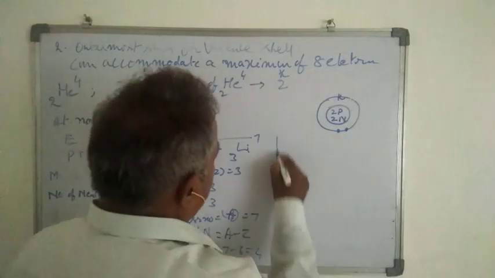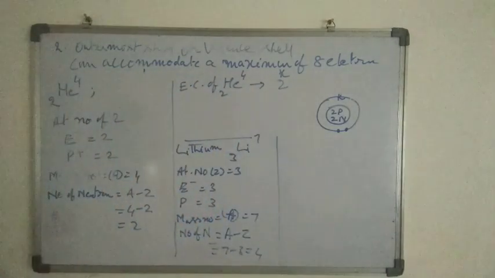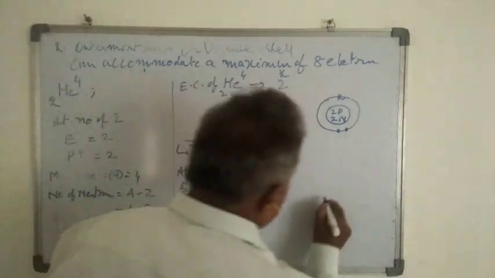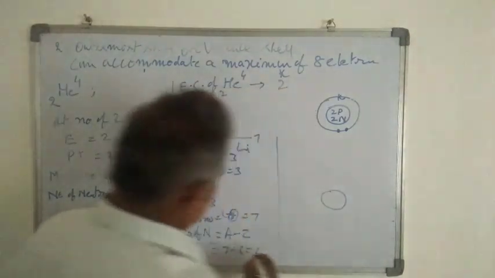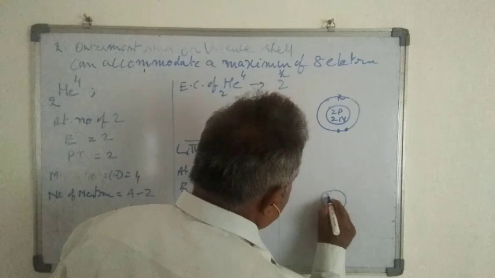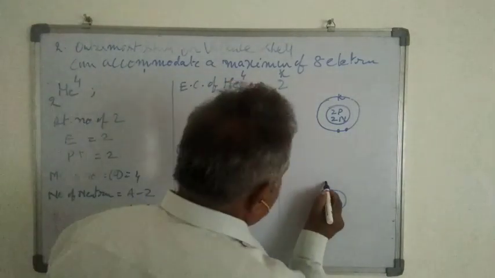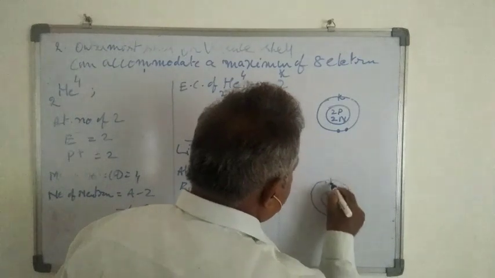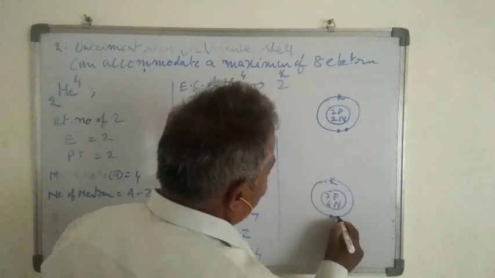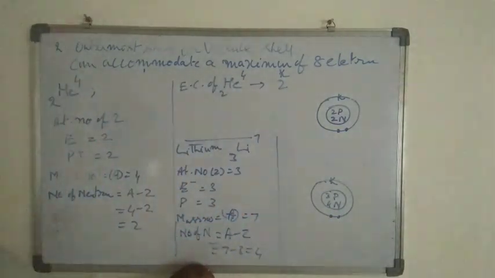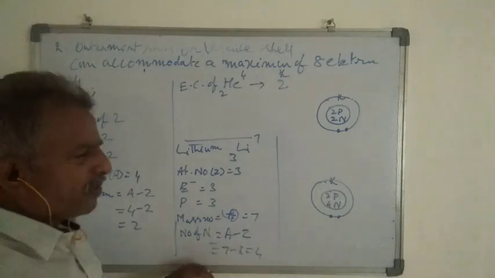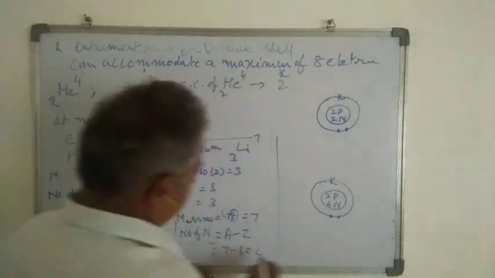Now let us draw the electron picture and write the electronic configuration. The nucleus of the lithium atom has 3 protons and 4 neutrons. The first shell, the K shell, can accommodate only 2 electrons. It cannot take more than 2 electrons as per the 2n² rule.